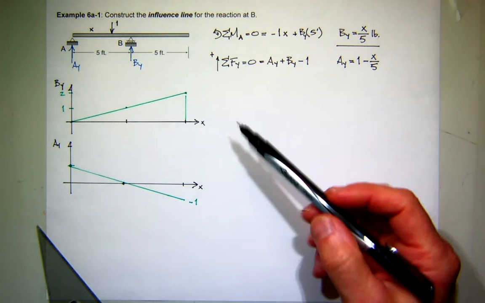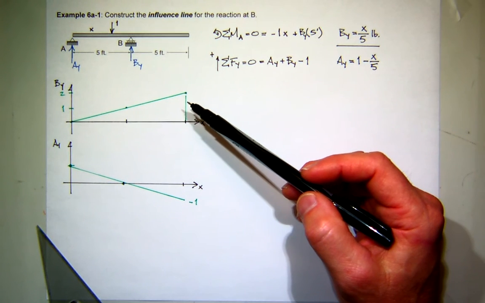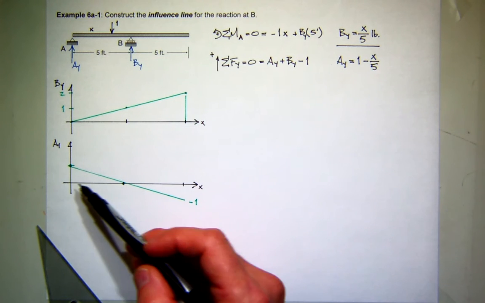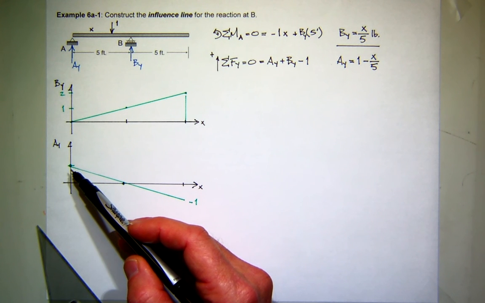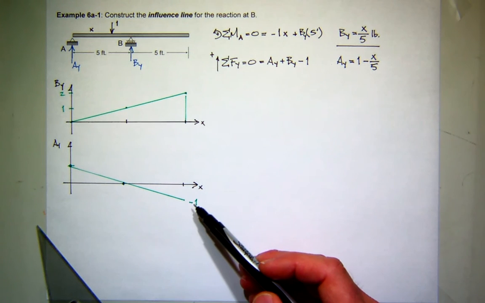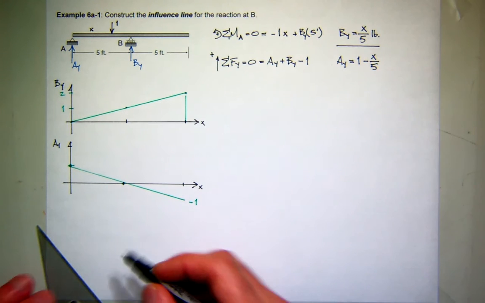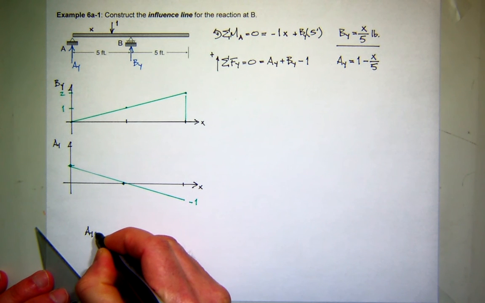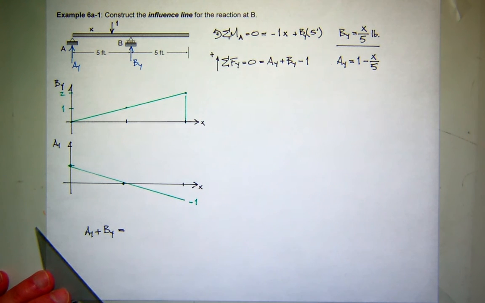So now if I want to create the maximum positive reaction at A, where would I go? To the maximum positive value on the influence line. If I want to create the maximum negative at A, I would go to the maximum negative value. Interestingly enough, if I add AY plus BY, what do I get?